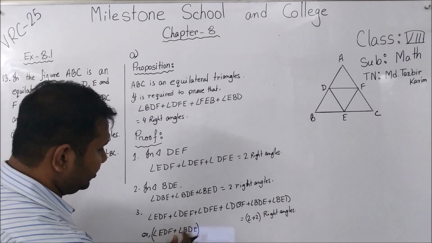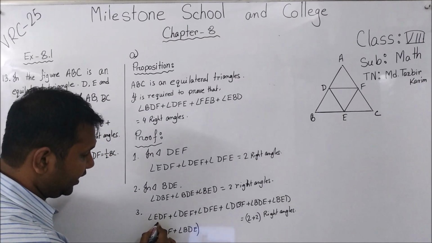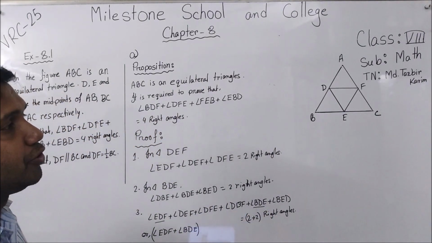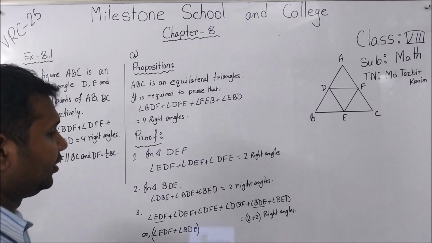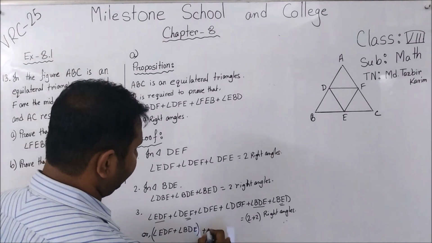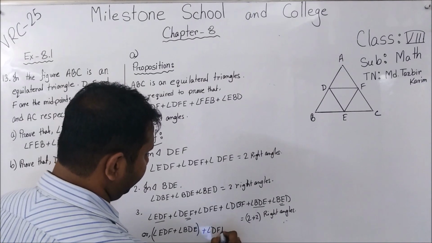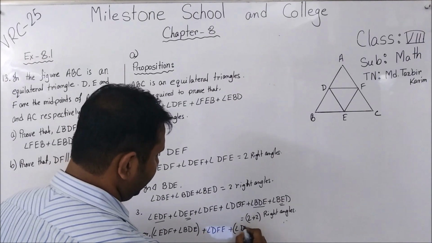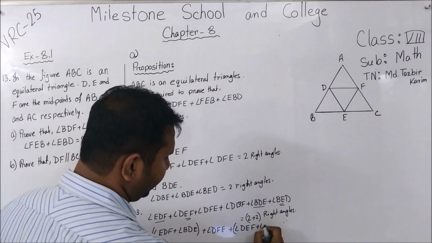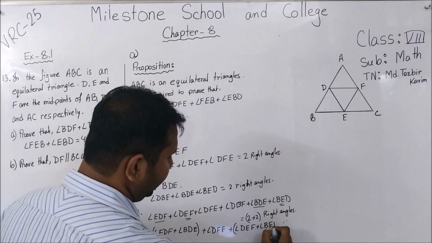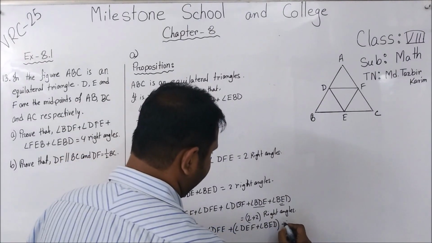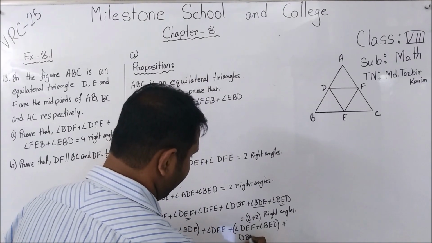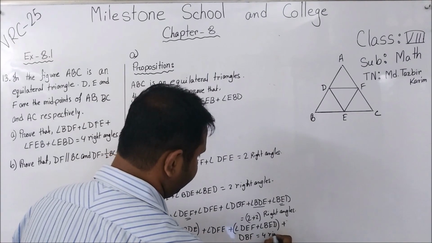Take them just here, this angle, and BDE, this angle. You just make them together. Okay? And similarly, plus angle DFE plus angle DEF plus angle BED and plus angle DBF, that equal to four right angles.